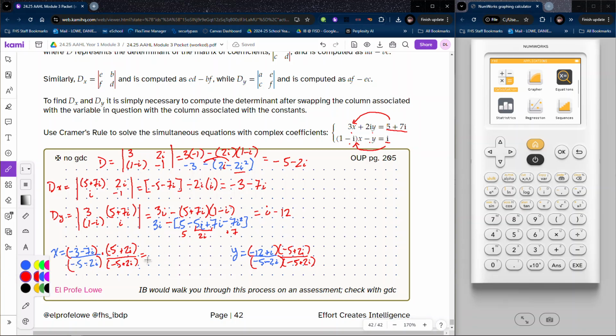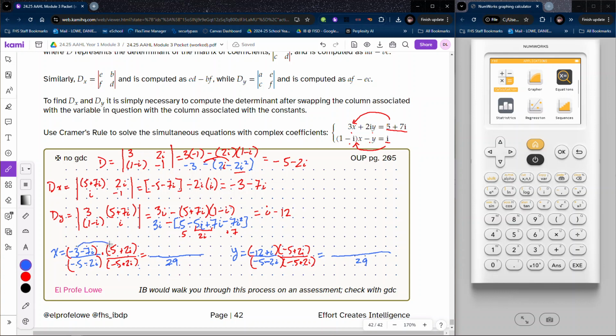So with that multiplication, if I look at my denominator, it will be the sum of the two squares, so 25 plus 4, so this denominator will be 29. And the same thing over here, I know my denominator will be 29. Negative 3 times negative 5.